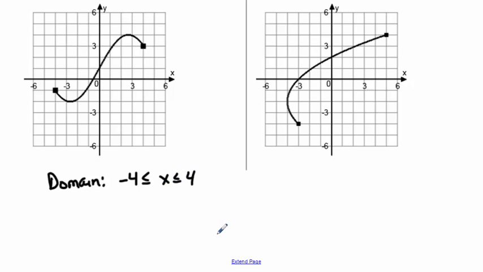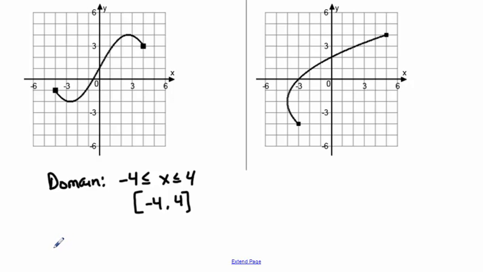I can express this as an inequality, or I can express it as an interval using square brackets around the two numbers that are the endpoints of the interval. I use square brackets because we do include those numbers at the end. Sometimes an interval will have a parenthesis instead of a square bracket if the number at the end is not part of the interval.